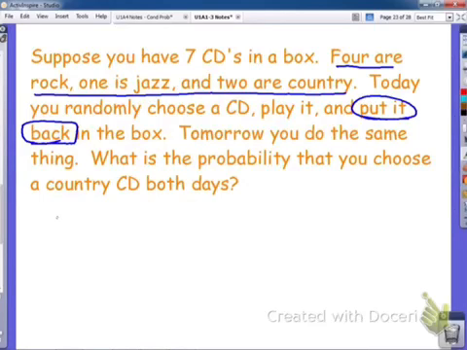It's the probability that you will choose a country CD both days. So what's the probability that you choose a country CD both days?